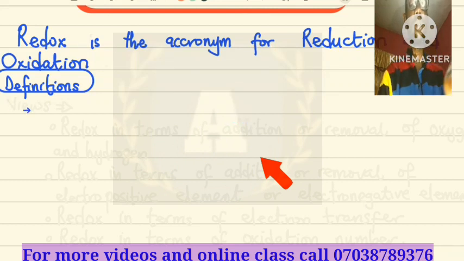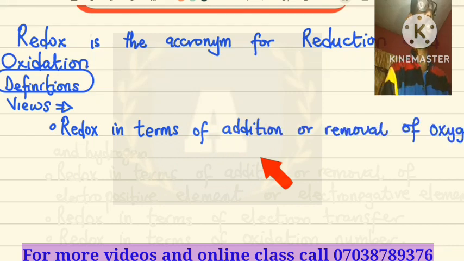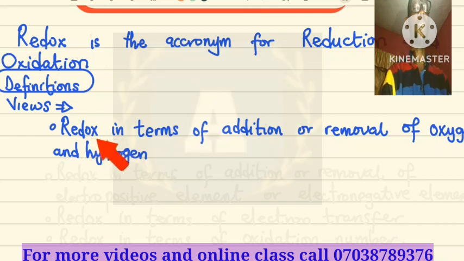One of the views is redox in terms of addition or removal of oxygen and hydrogen. We're going to look at the definition of reduction in terms of addition or removal of oxygen, and also oxidation in terms of removal or addition of oxygen.